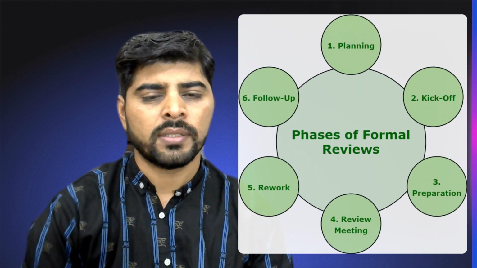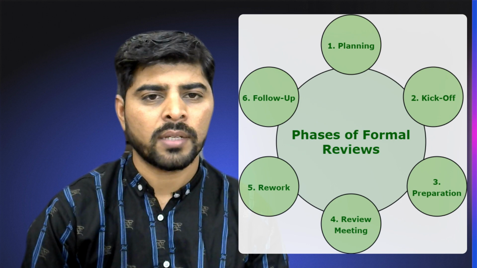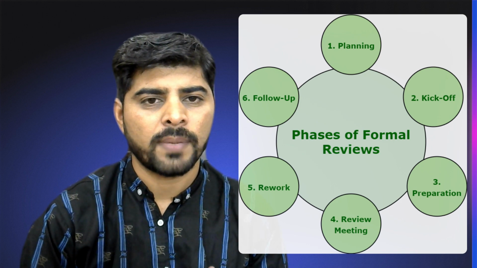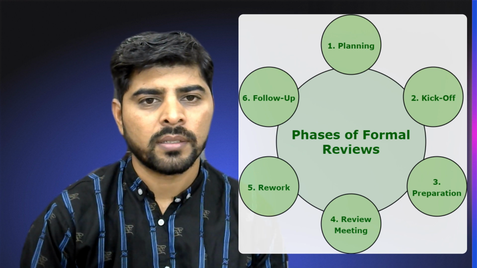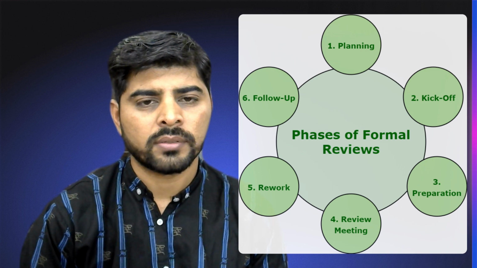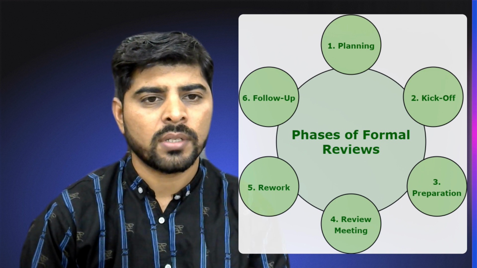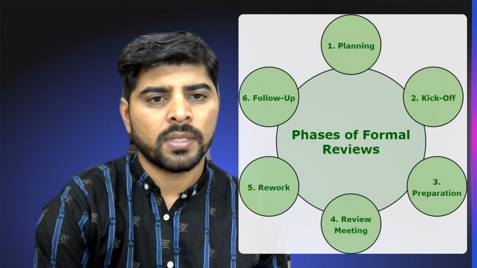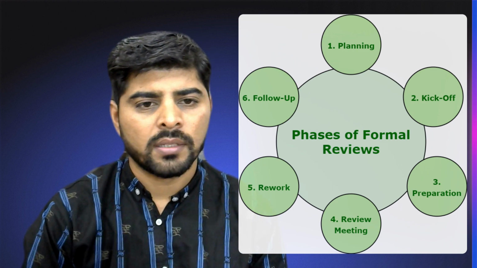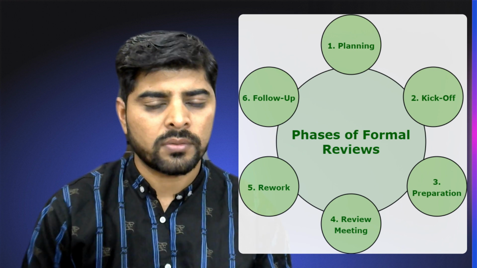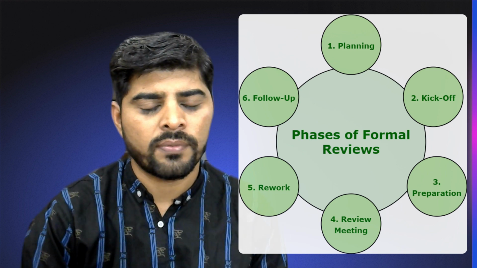The first phase of the formal review process is planning. We plan, we prepare, define objectives, identify the roles, and all of that is done in planning. Then we do a kick-off meeting, so we communicate the scope, objectives, outcomes and so on. Then preparation, then the review meeting where all the people get together and discuss with defined roles.